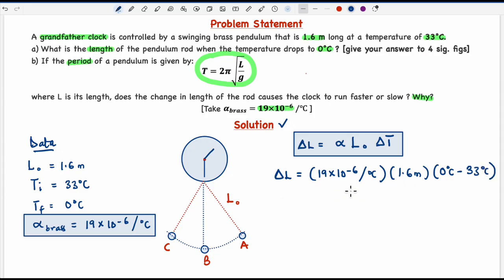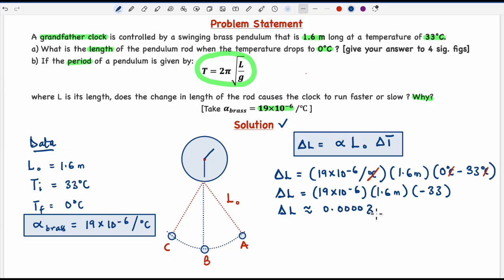Now evaluating this, we can see that the degrees Celsius cancels. So we are left with delta L equals 19 times 10 to the power minus 6 times 1.6 meters times minus 33. Therefore, we have delta L to be approximately 0.0000304, and that is a minus value, meaning the length of this pendulum reduced. By finding delta L coming out as negative, what it tells us is that the length reduced.